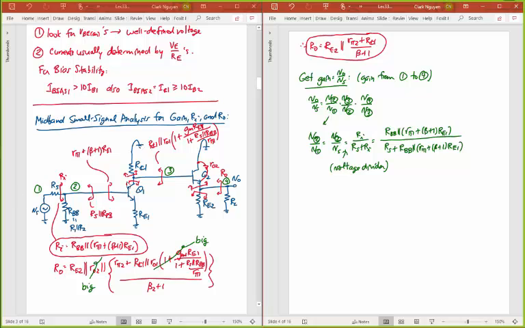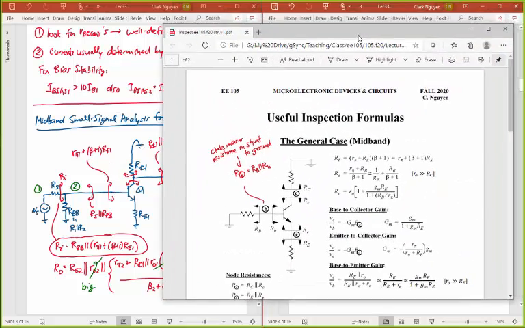Now I need the gain from 2 to 3. And so let's write this out. And we're going to do this by inspection because we have our inspection formula for this. This is just the gain from the base to the collector. And so in our inspection formula, I want base to collector gain. There it is. VC over VB, it's just a minus capital GM times all the resistance in shunt with node C in this case.